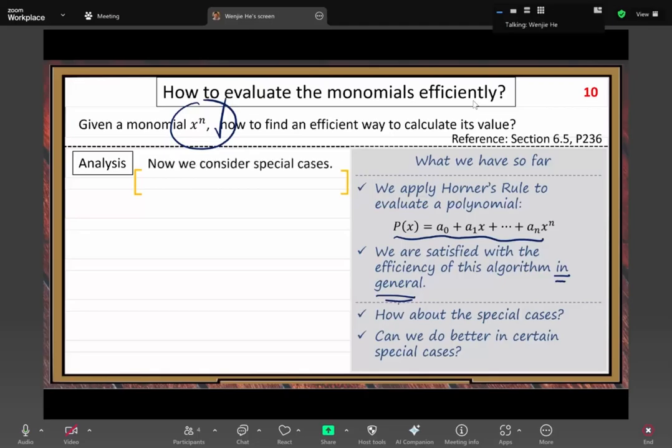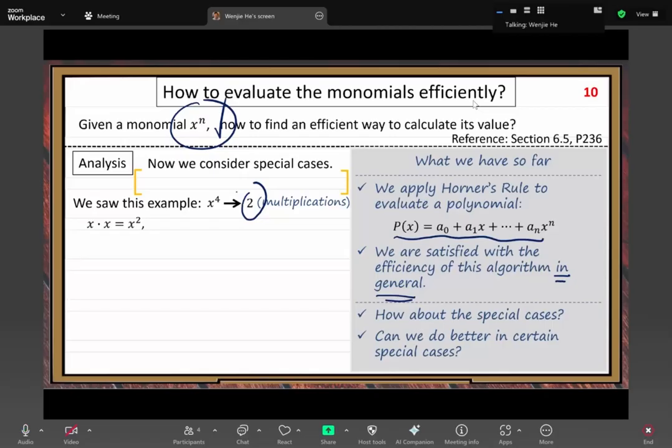Because let me show you. We did this x to the 4th before. We do the square operations twice, so 2 multiplications. The first time, first square, x times x, it's a square operation.